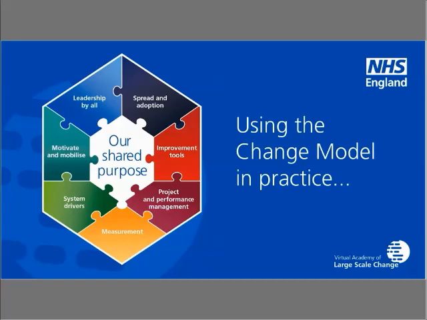In phase 1 of the programme then, and bearing the change model components in mind and the need for balance between them, we examined what the data was telling us about wheelchair services, and we published our e-digest, Right Chair, Right Time, Right Now. This helped us to establish our case for change.